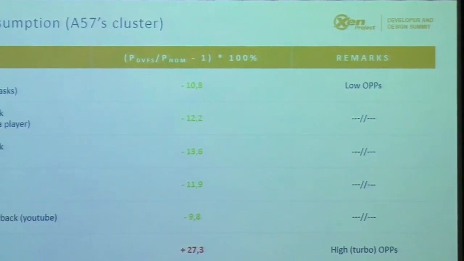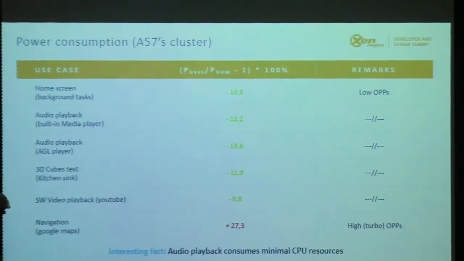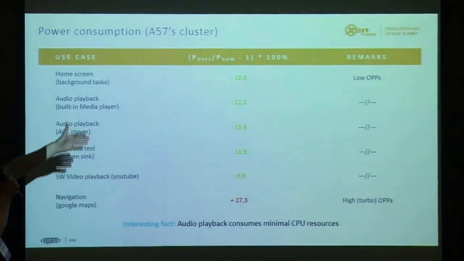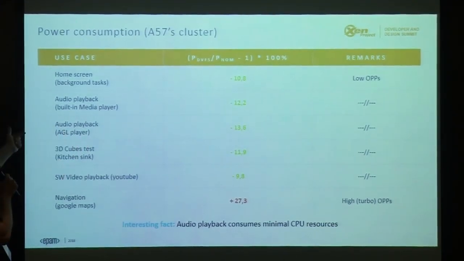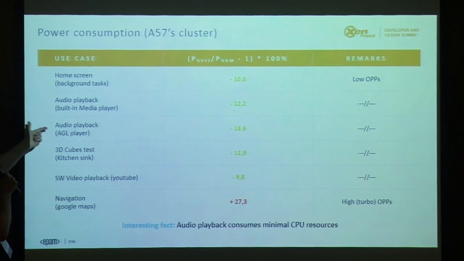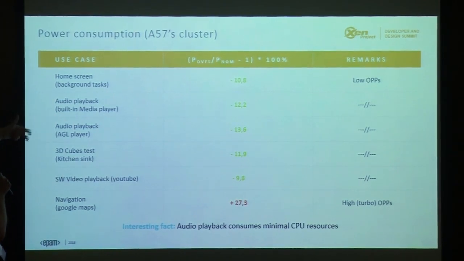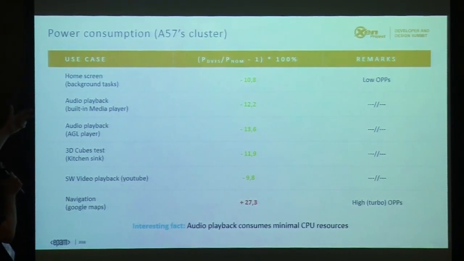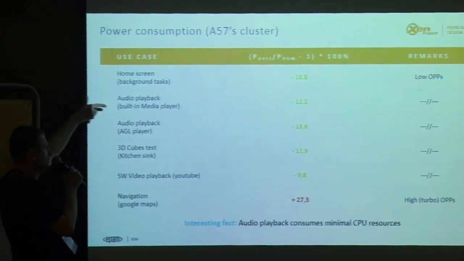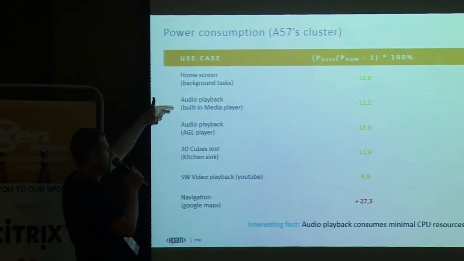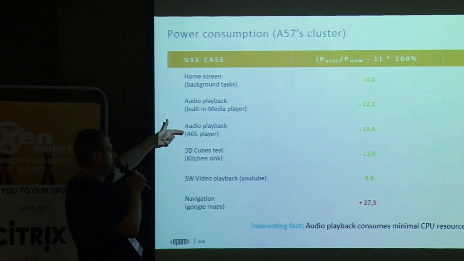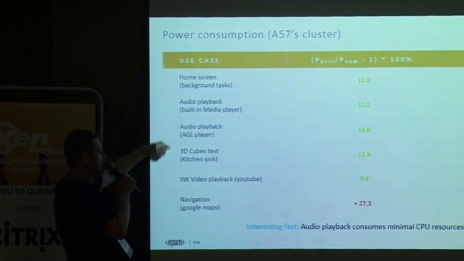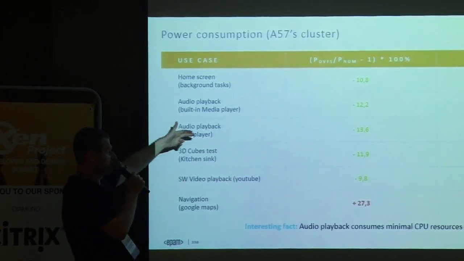We have a benefit for the first 5 use cases. This is the real benefit, including the Android playback. I have 2 audio playbacks: one audio playback in Android, the next audio playback in Linux. This playback is the winner.